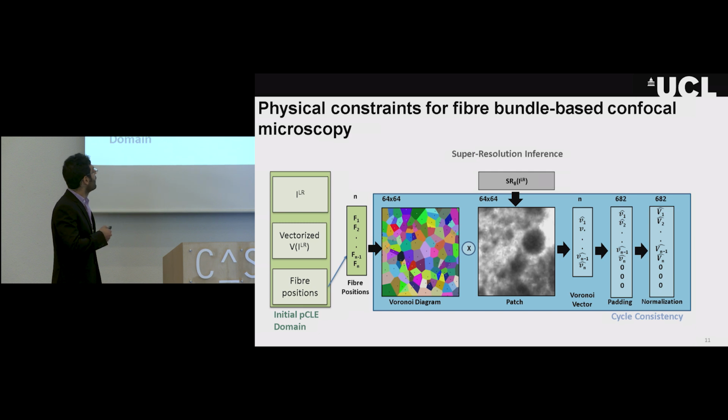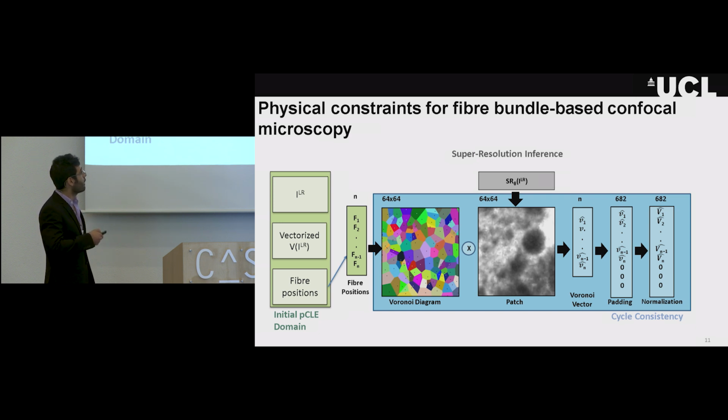More specifically, this is based on this Voronoi vectorization. How does it work? Starting from the fiber positions, we create a Voronoi diagram, which is a partition of the patch into different regions. These regions are created according to the fiber positions.